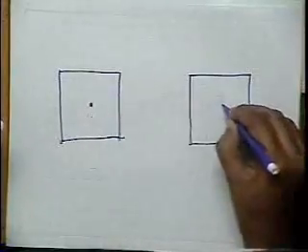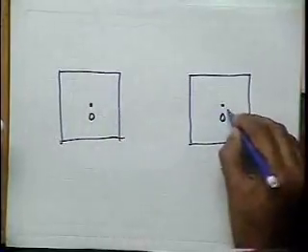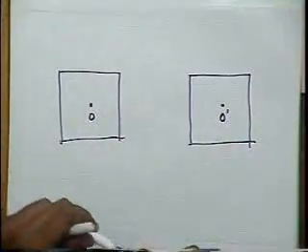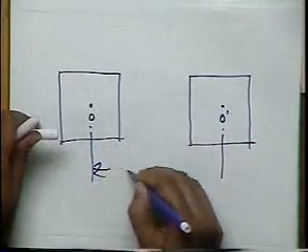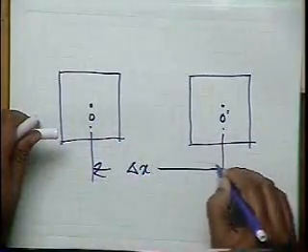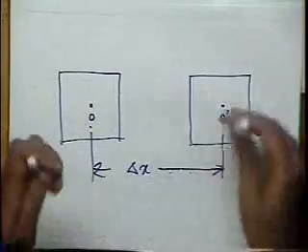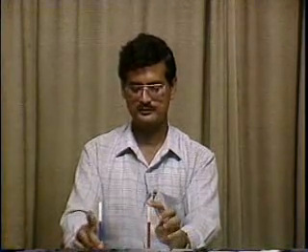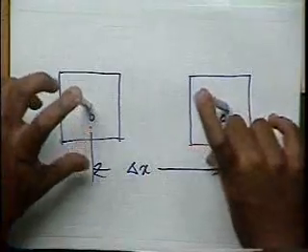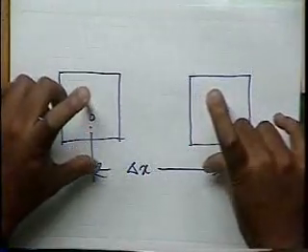So if this is the origin O for the first camera and this is the origin O prime for the second camera, and the distance between them is delta x, and this happens to be the z-axis for the first and this the z-axis for the second camera, then I get this delta x displacement.